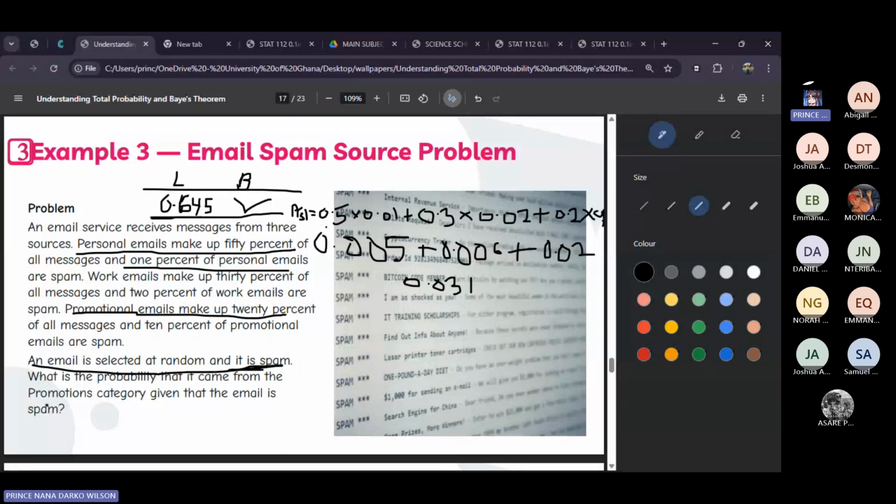So in other words, we are finding the probability that it's from promotions, given that it is spam, S. And that's going to be the probability of picking promotions times the probability of picking spam, given that it comes from promotions.